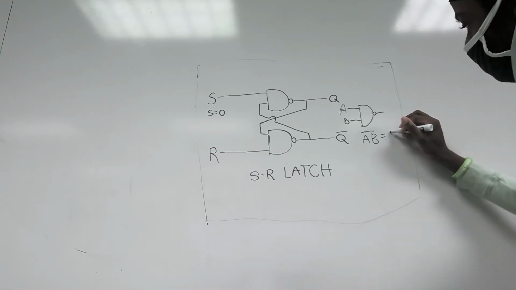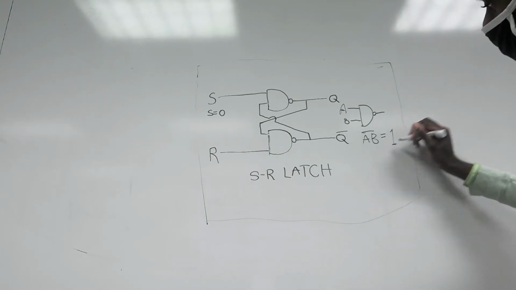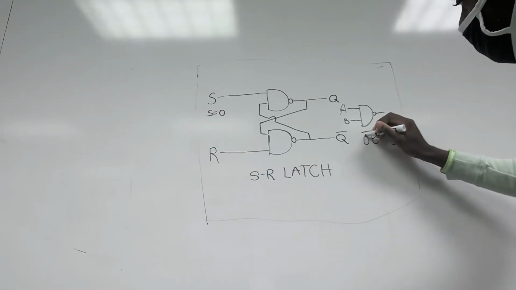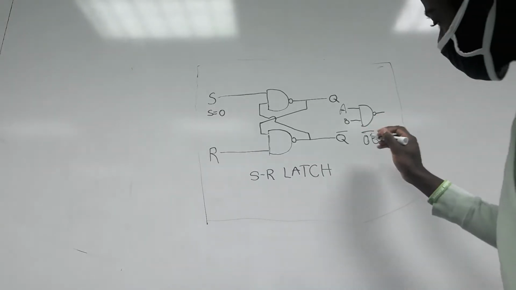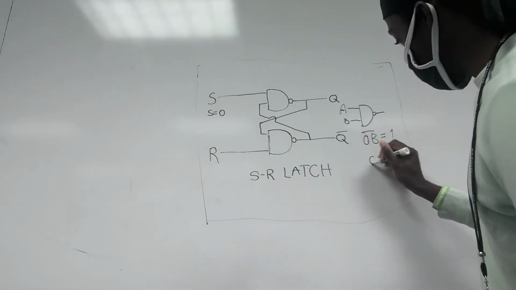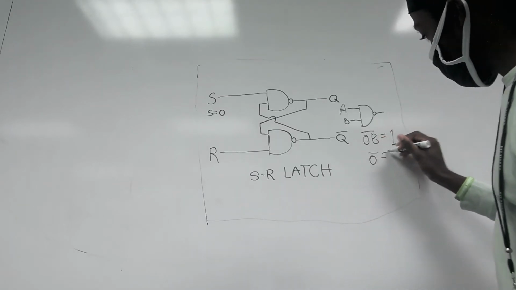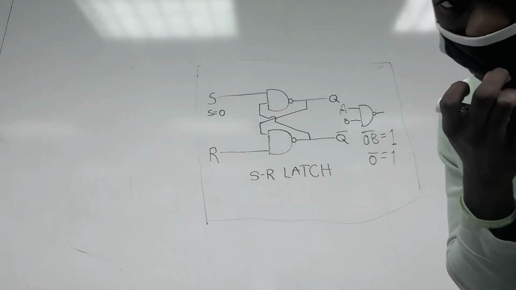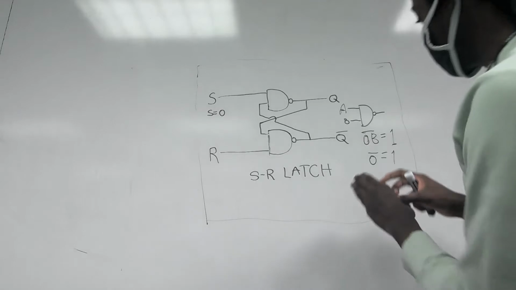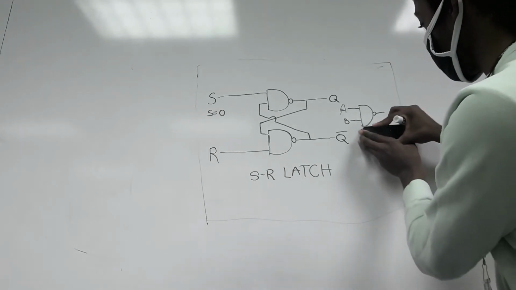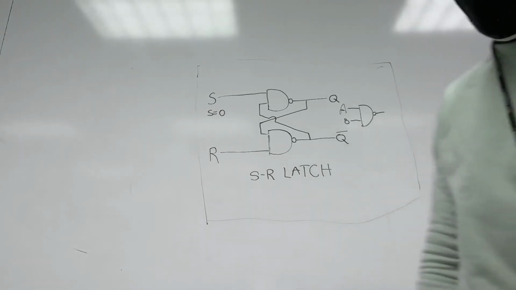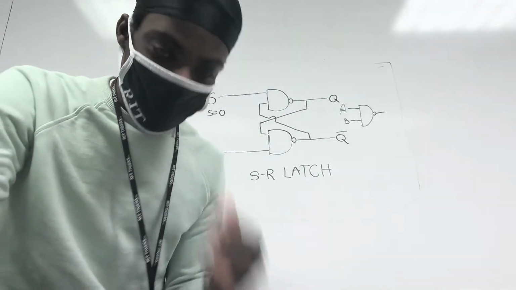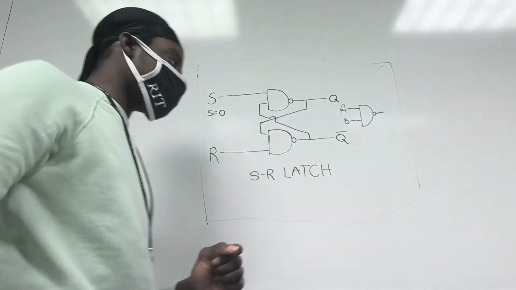Now I want to get 1. In order for this to equal 1, A has to be 0. If this is 0 times B, this becomes NOT 0, which equals 1. And that's why this is an active low circuit. If this circuit was built with NOR gates, it would have been active high. But for all intents and purposes, I will not be showing that, just to keep this flowing.